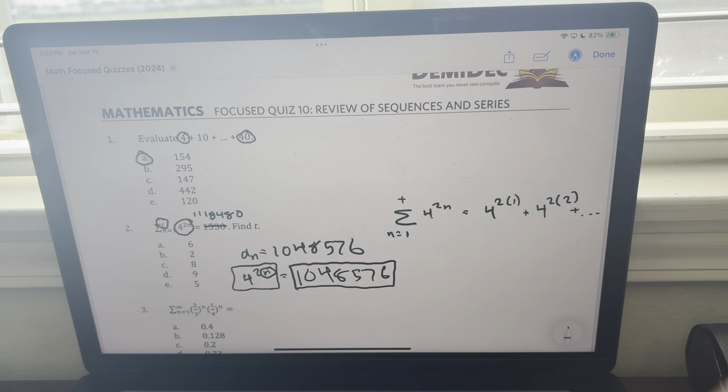So we then have 16 plus 16 times 16 plus 16 times 16 times 16, and so forth, because that's to the third. And so if we're adding up all these terms and we know what the final term is based on what we just did in our calculator, then it's just going to be 4 to the power of 2 times what equals that number.